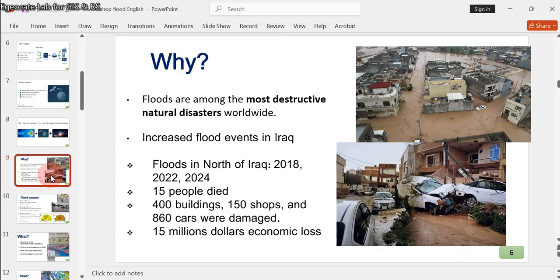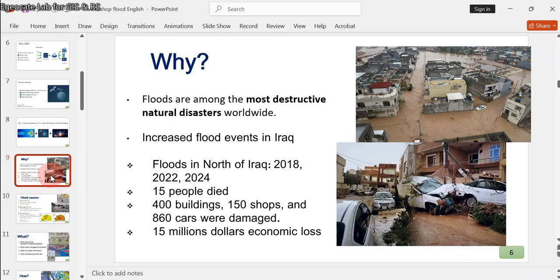And unfortunately, in Iraq, the flood events increased significantly in the last decades due to, for example, climate change, environmental impacts, and also poorly planned urban areas and poorly planned infrastructure.